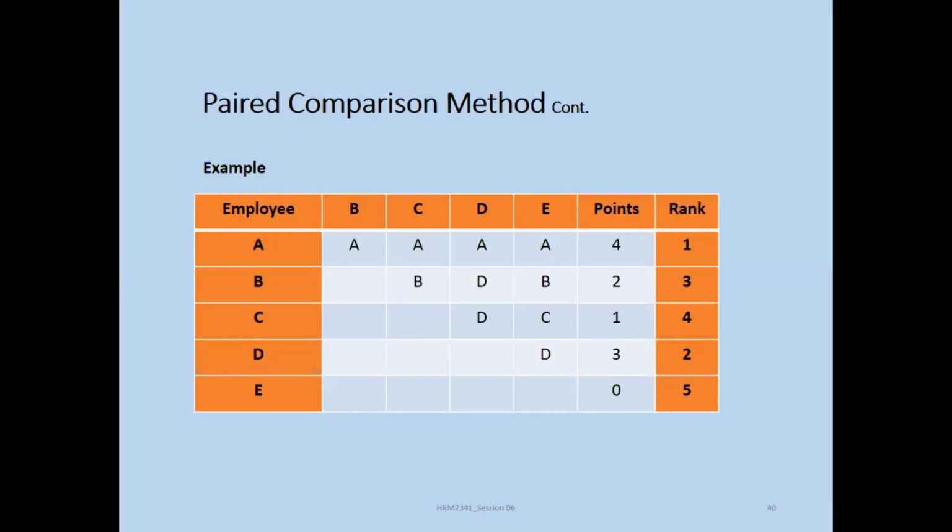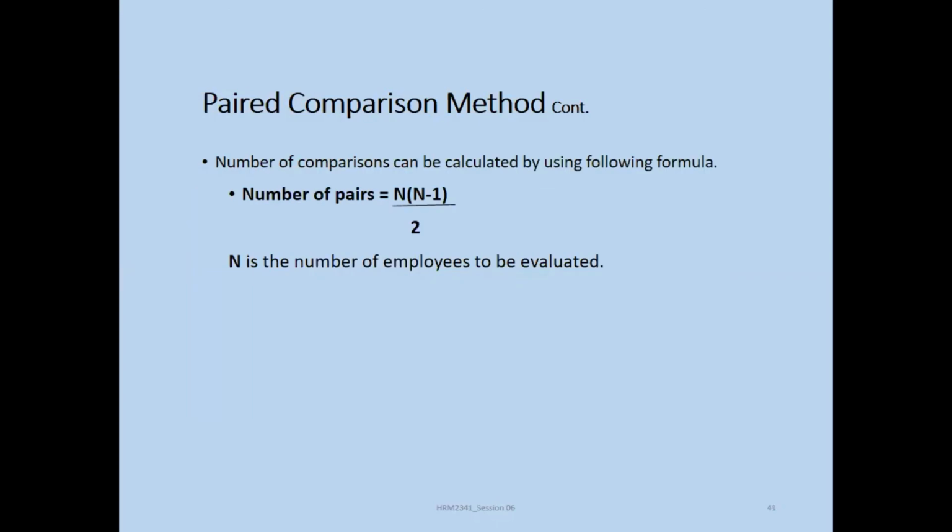The end result is equal, but the comparison method is different. This is called the paired comparison method.